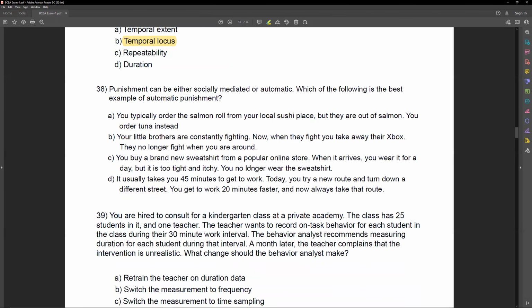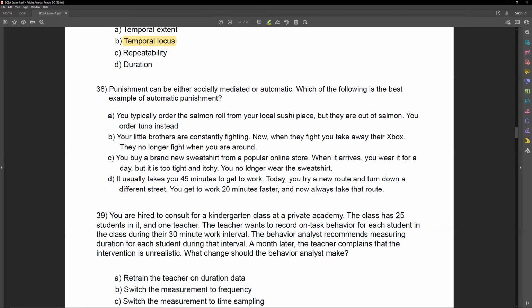Delivering the consequence. A, you typically order the salmon roll from your local sushi place, but they are out of the salmon. You order the tuna instead, okay? Can you order tuna to yourself? No, right? There's going to be some sort of transaction, right?